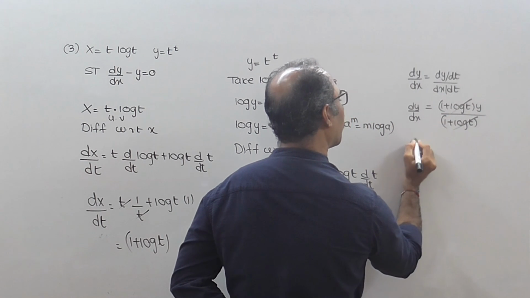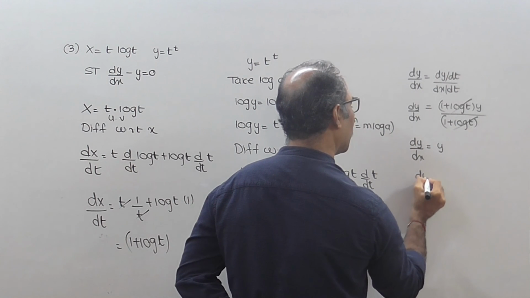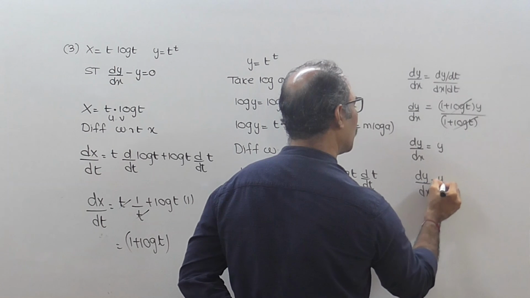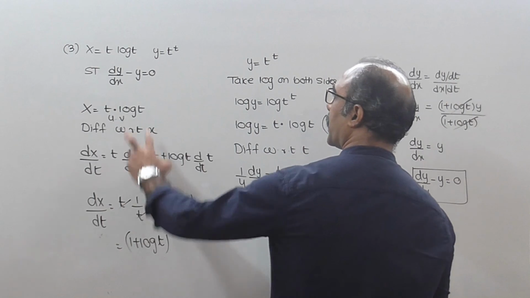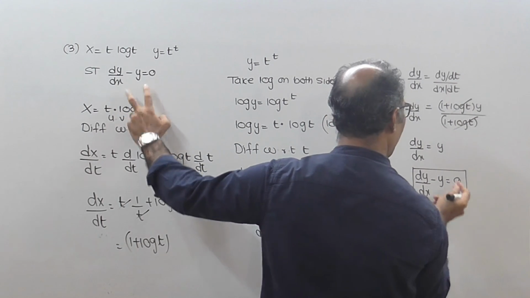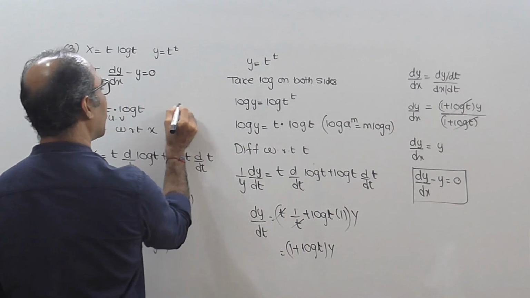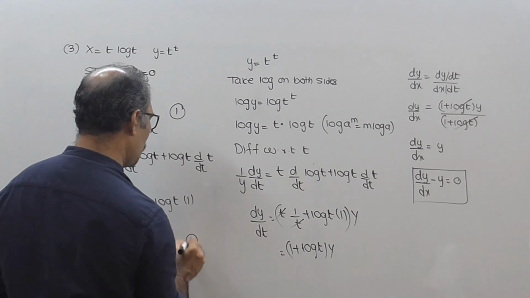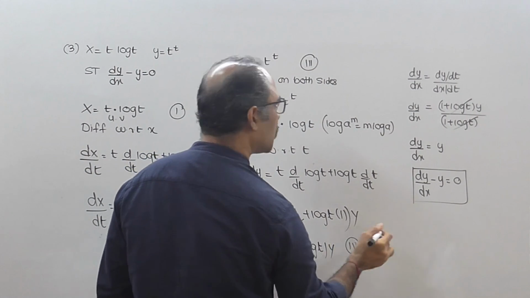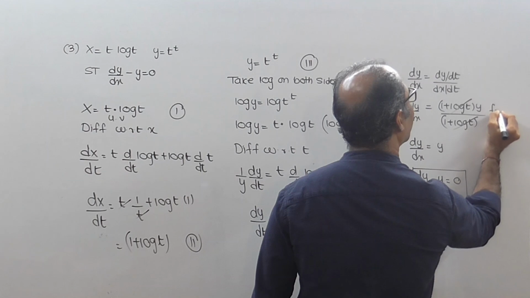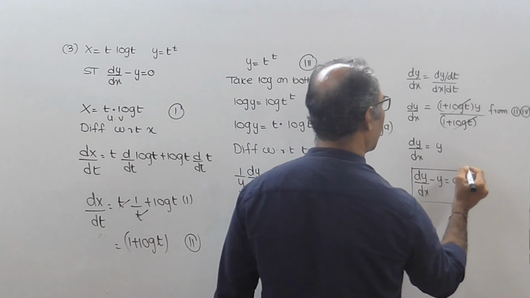Cut 1 plus log t from the numerator and denominator, you get dy by dx equal to y, and further you can get that y to the left, so that whatever is the question you have to prove comes automatically. You have to show that dy by dx minus y equal to 0. So get that y to this side. This we can take as 1, this is 2, this is 3, and this is 4. We can write here from 2 and 4, and that's it.